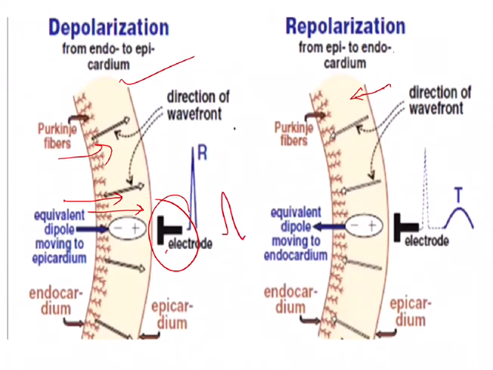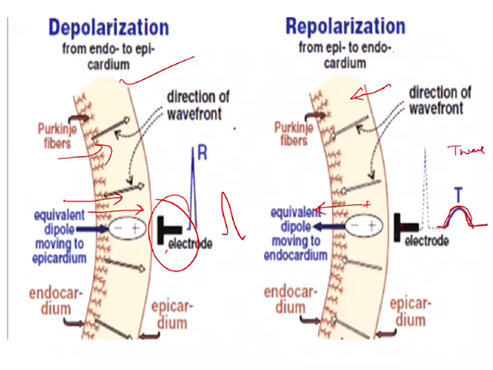Similarly, if we place the electrode over here, the positive charge is moving away from the lead, we will get repolarization.